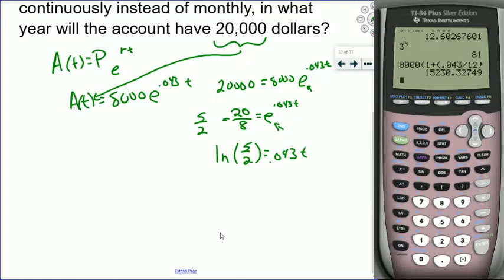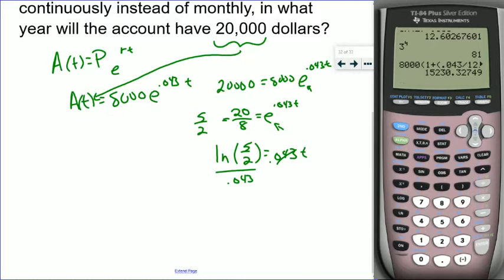We're going to divide both sides by 0.043, and we're going to get a number, and that is going to be the number of years that will pass before we hit $20,000.